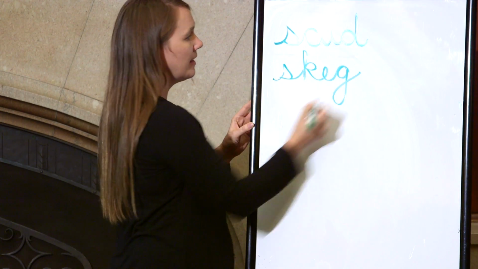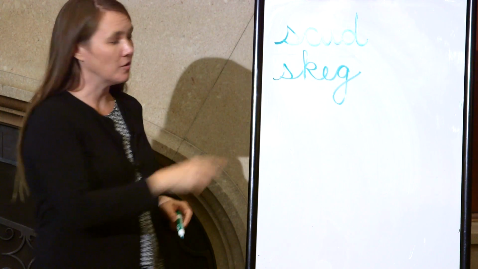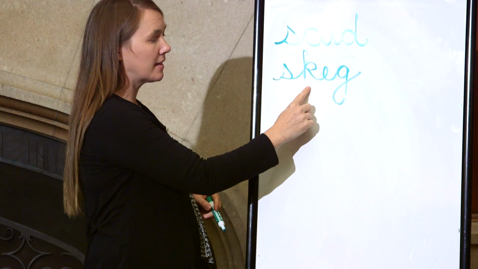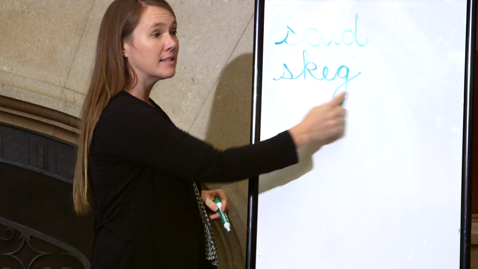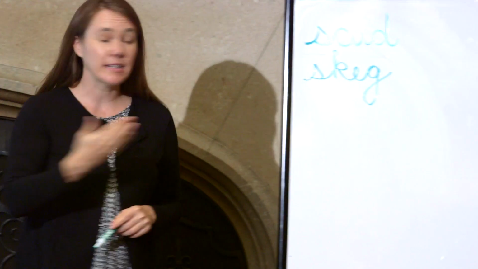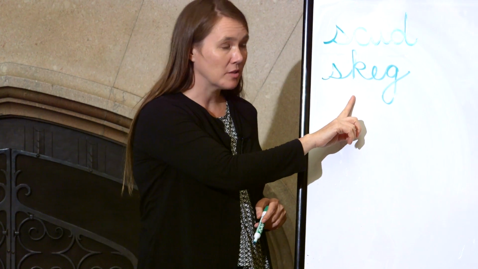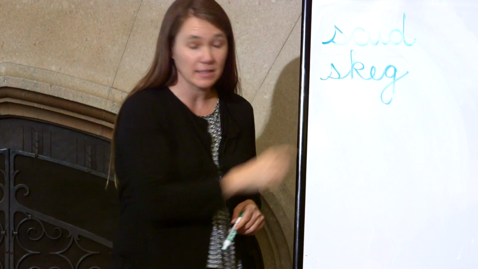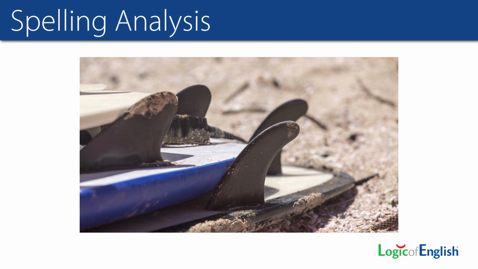Skeg. Anything to mark? No? Let's sound it out. Skeg. Skeg. And you noticed I needed to cue the sk because otherwise you might have written it with this. What is a skeg? Yeah, that fin, that piece of the board.